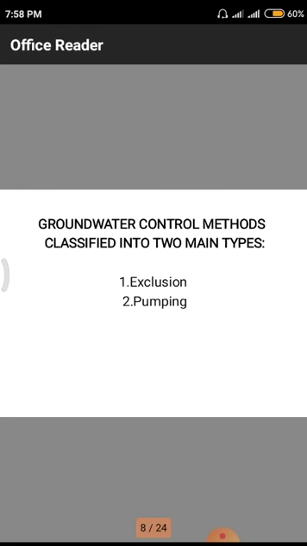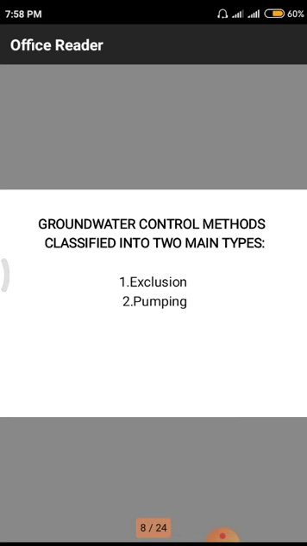Because if we consume that water directly, our digestion system and bones, like the calcium we have, react with those elements, and we have to face huge health problems. So we need to control the mineral content in the water by reverse osmosis, RO and UV techniques. So we use this pumping method for drinking water and other irrigation systems.